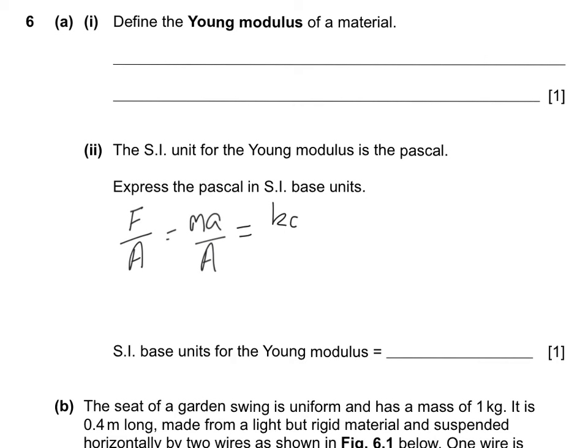We've got kilogram, meter per second squared, divided by meters squared. The top meter cancels with one of the bottom meters, so we get meter to the minus 1, and we still had a seconds to the minus 2 there, so kilogram meter to the minus 1 second to the minus 2.